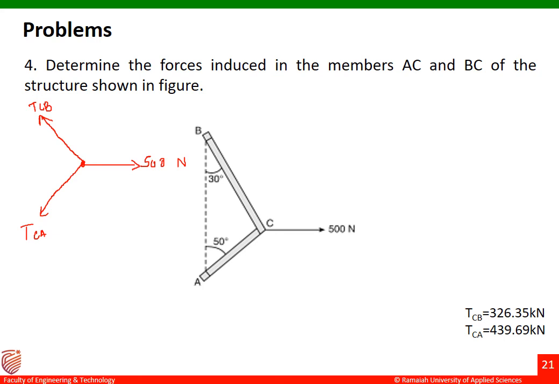Now, if this is 150 degrees, let me draw it here. I'll just draw a perpendicular here. If this is 30 degrees, this will become 30 degrees. So the angle made by TCB and 500 is 90 plus 30, that is 120 degrees.